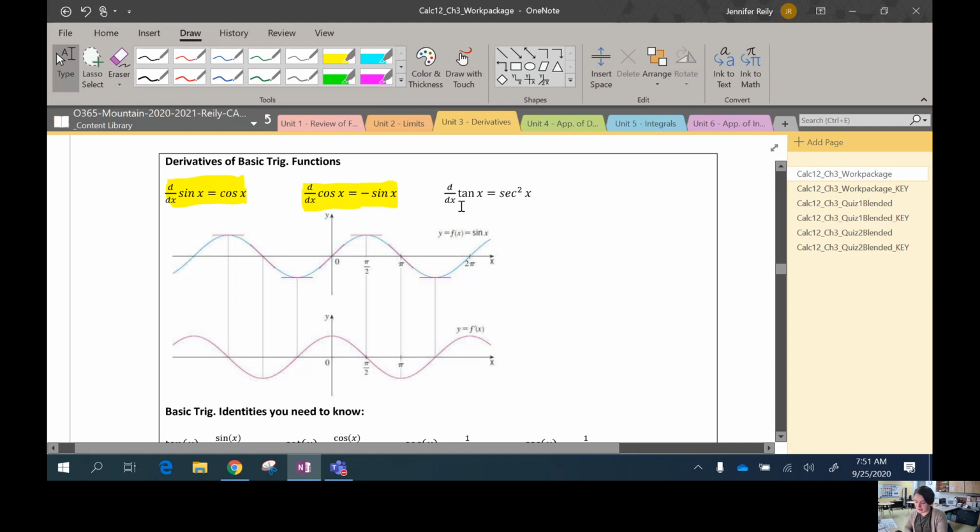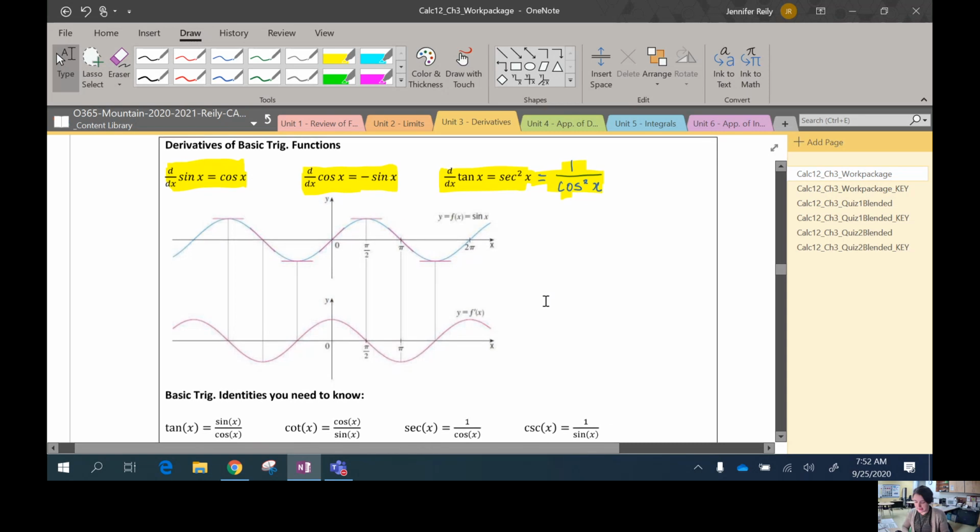Okay. And the derivative of tan x is a little bit different. It is secant squared x. And if you are not familiar with secant, this is just 1 over cos squared x. Those are the same things. Okay, so those are the three facts you actually have to know about trig functions.